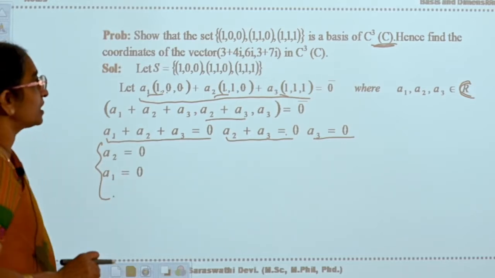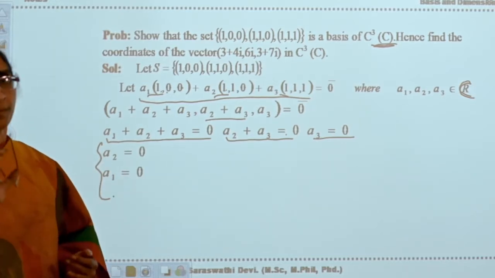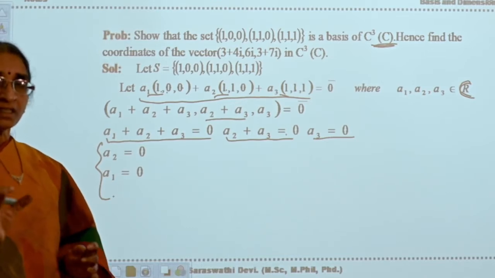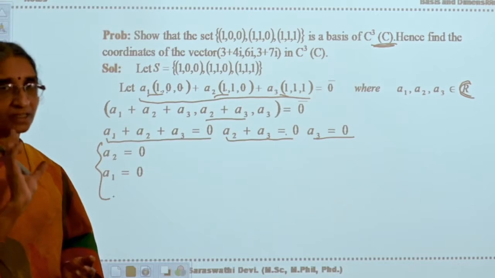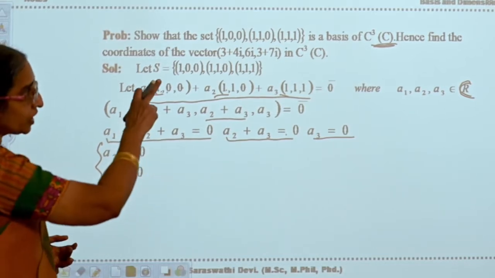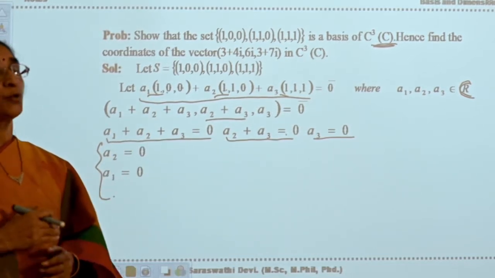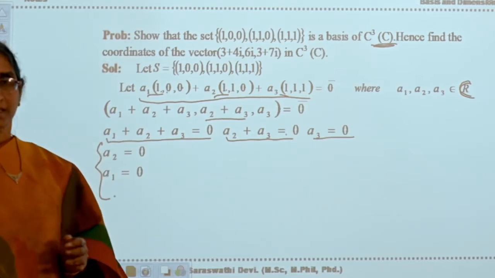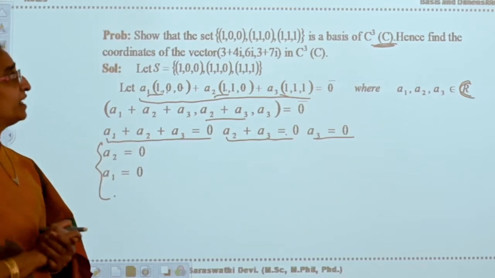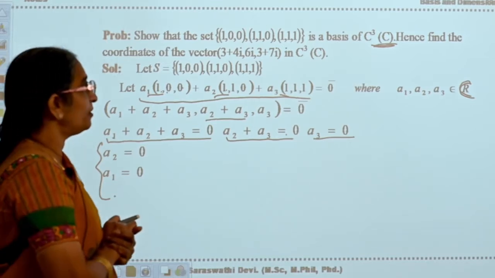Therefore, the set is linearly independent. Since the set is linearly independent and the number of elements in the set is 3, which is equal to the dimension of the vector space, you can say that the set will form a basis. After that, what more remains in the problem?